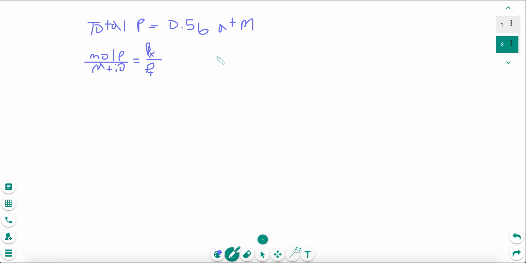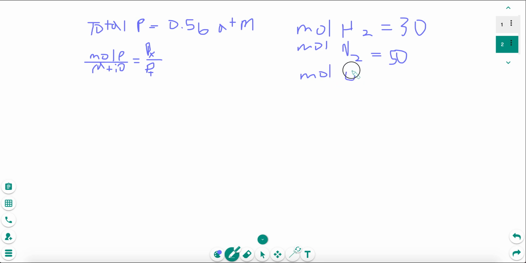So I kind of erased the moles of each gas, but I'll write them again. The moles of hydrogen that we have is 30, and then moles of nitrogen that we have is 50, and the moles of oxygen that we have is 20.